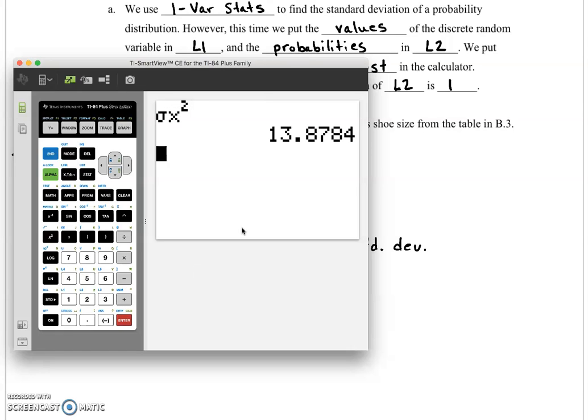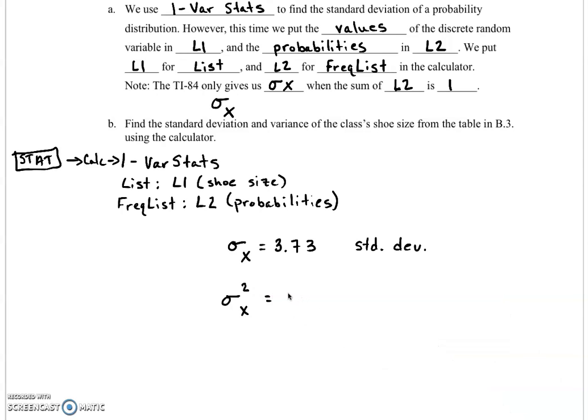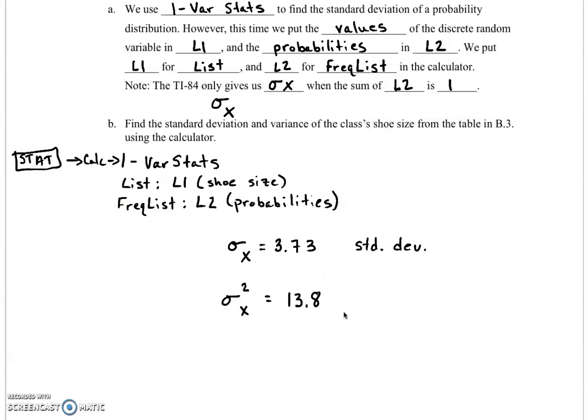And then hit enter, and so we get 13.88. So our variance is 13.88. And that is our variance.